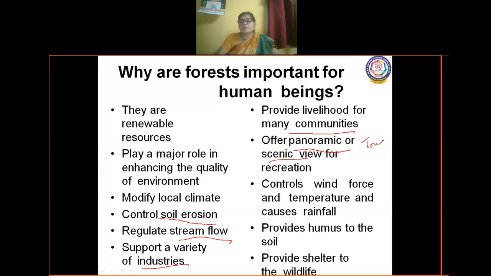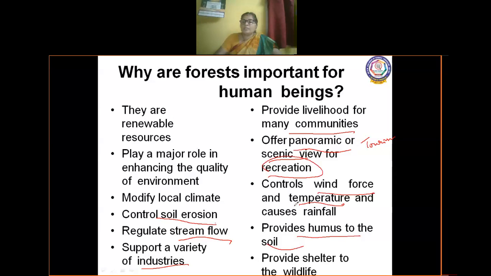There is tourism. If you go to Ooty and all, you can see that tourists are more into visiting the forest. So it's a good recreation, and it controls the wind force and temperature too. So forests are very, very important to make the environment feasible for human beings and other life. Now, they provide humus to the soil.